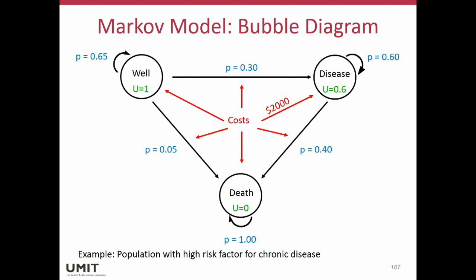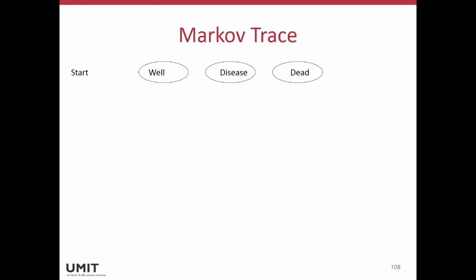Now, how do we evaluate this model? So how do we calculate our outcomes? And this is what you see on the next slide. So you start with your health states and the distribution of your population among the health states: well, disease, and dead.